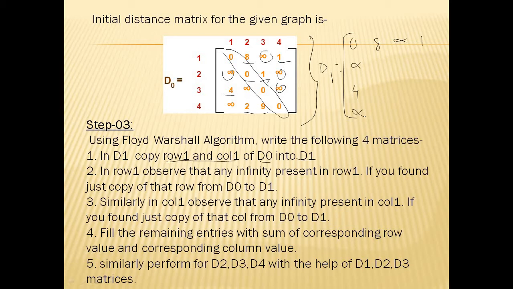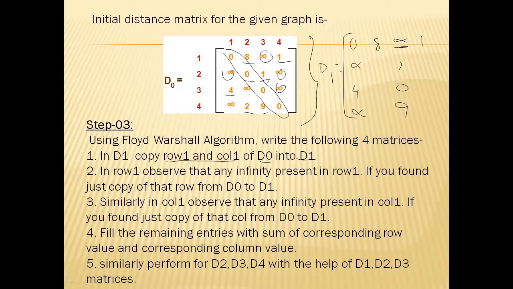In row 1, observe whether any infinity is present. Wherever I find infinity values, just copy that row from D0 to D1. So these values, 1, 0, 9, will be copied.